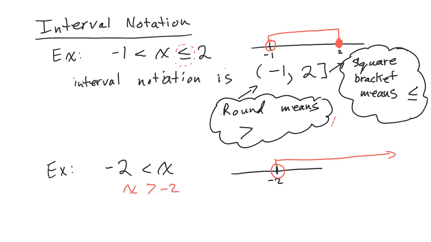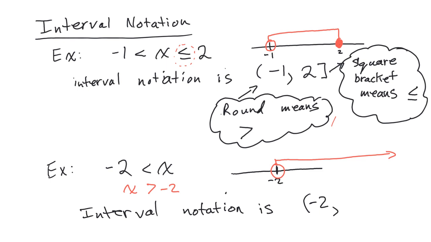So to represent this in interval notation, the interval notation is this. Because we have -2 and it's an open circle on our number line, we would write a rounded parenthesis, and then we would have -2.